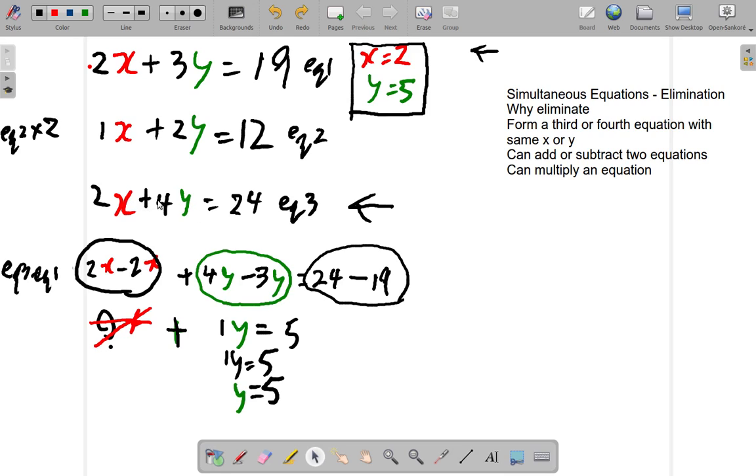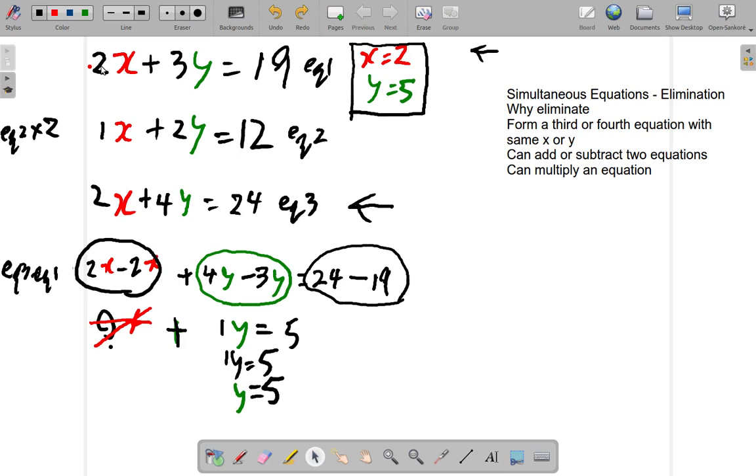And then in doing that, we multiply the other equation, which is equation 2, by a number, so that this number gives us a 2x, and keeping the same number throughout, same number multiplied by y's, 2 times 2y, same number multiplied by this number, 2 times 12 is 24.